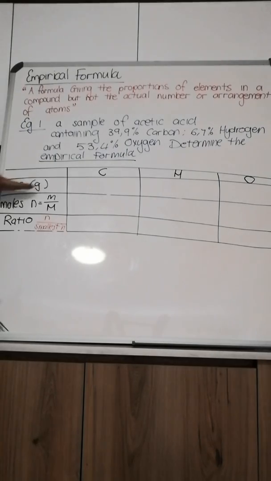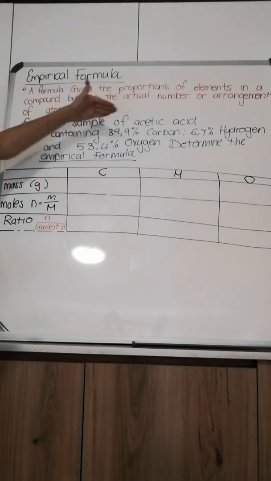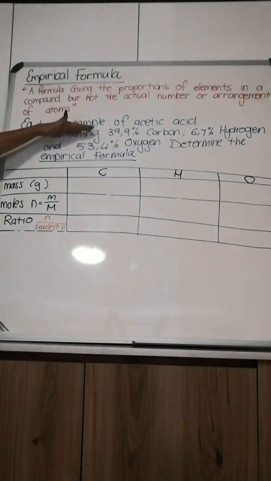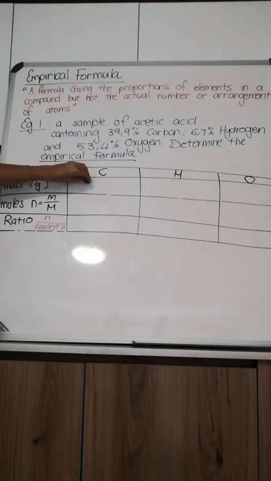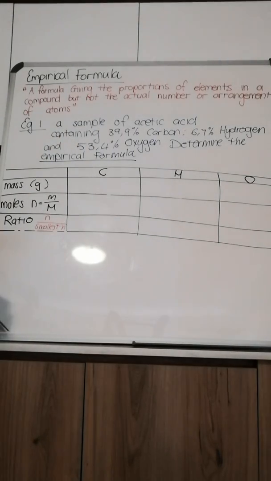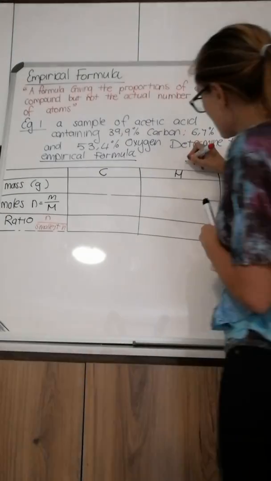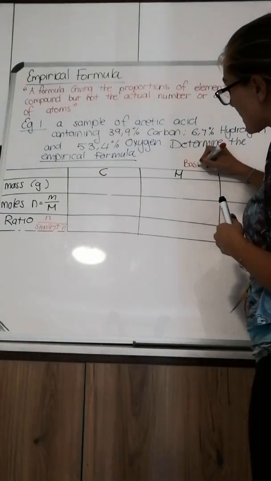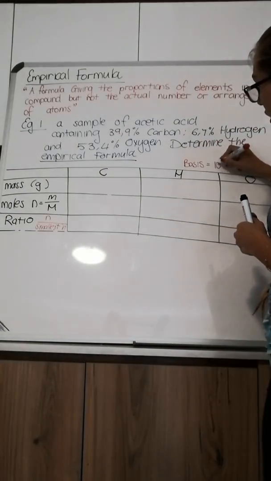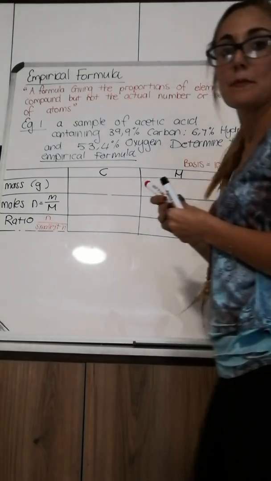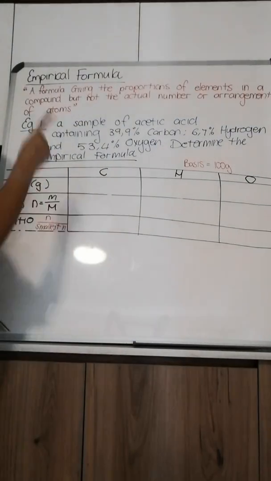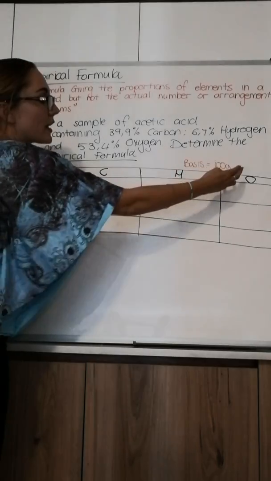Now our first row, we need the mass of each one of these. Now we aren't given mass, we're given percentages. So we need to go from percent to mass. They don't tell us what the entire sample weighs, what the mass of the whole sample is, so we have to just make some kind of an assumption, okay? So we're going to take a basis of, and now it's up to you, but it's probably best to choose 100 grams because it's very easy to go from percentage to a mass out of 100, okay?